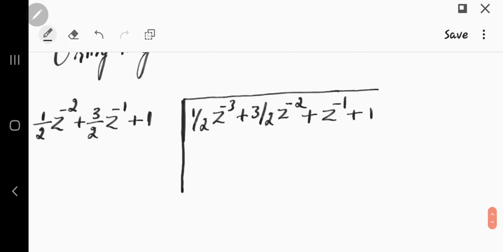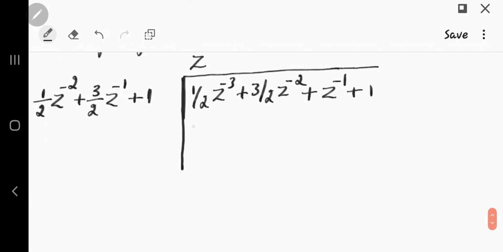So we have same coefficient 1 by 2 and 1 by 2. In place of this, we have z cube here, we have z to the power of minus 2, we have z power minus 3. So that means if you multiply with z to the power of minus 1, the first term will be eliminated.